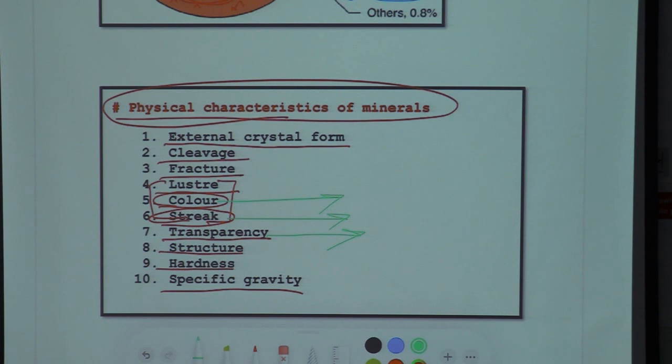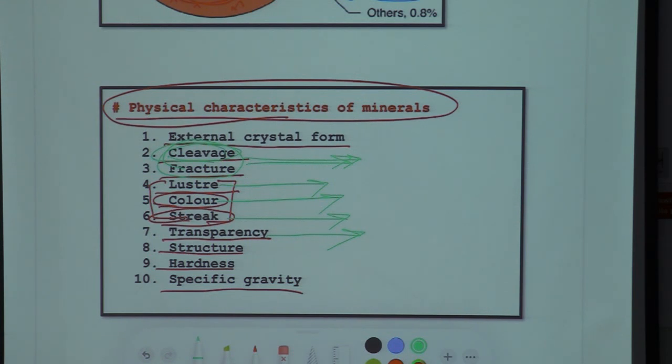When I say lustre, the nature and magnitude of reflectance comes into account. Cleavage is a very interesting constituent which can be related to fracture, as these are correlated very strongly with the physical appearance of the minerals that form the rock.